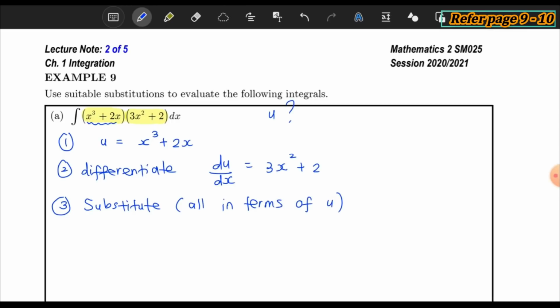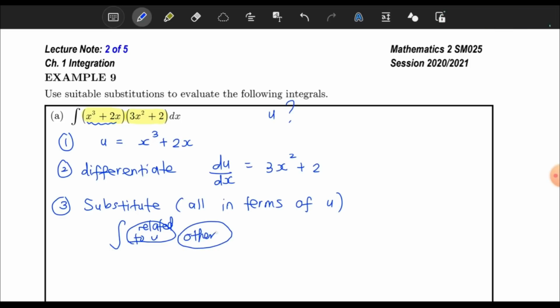Before that, I want you to rearrange the integral so that the first part will be the function related to u, and the second part will be the other functions, and dx the last one.